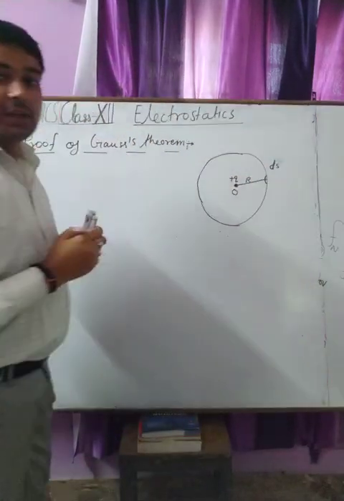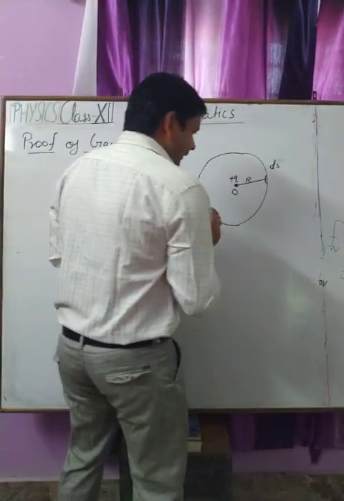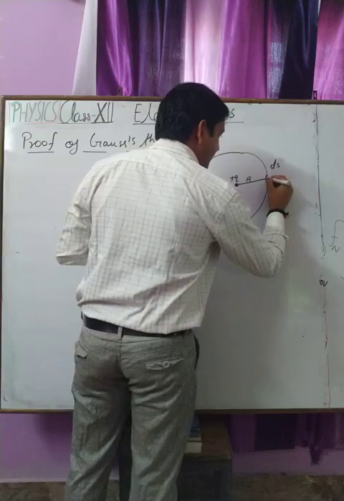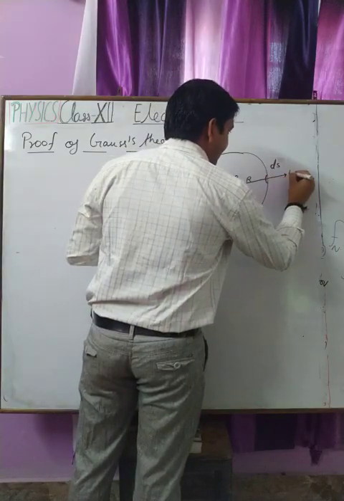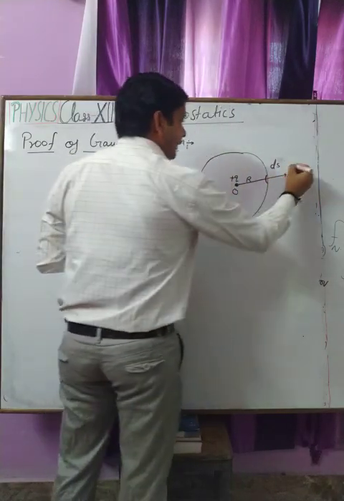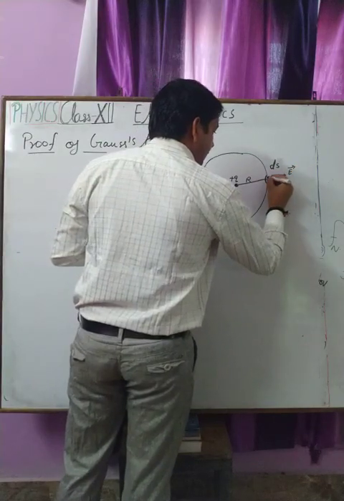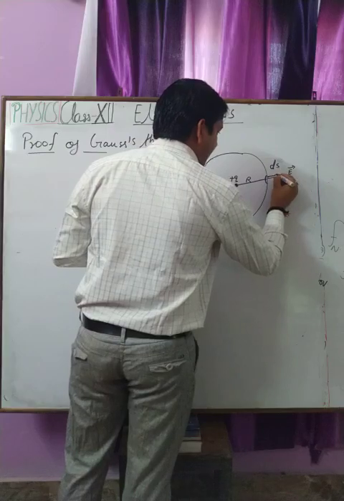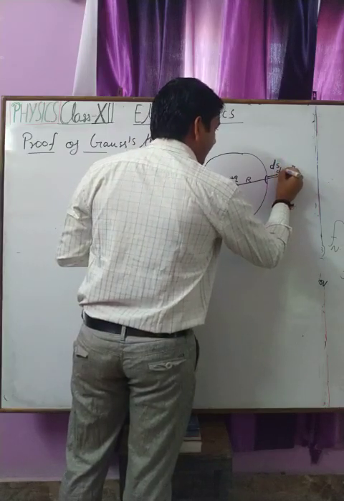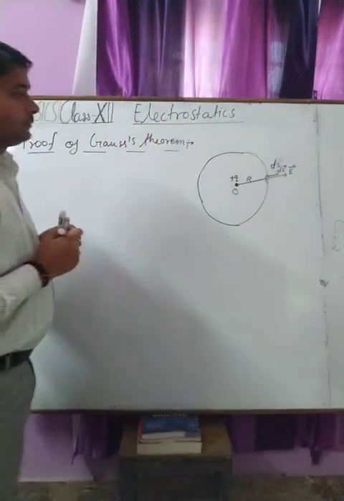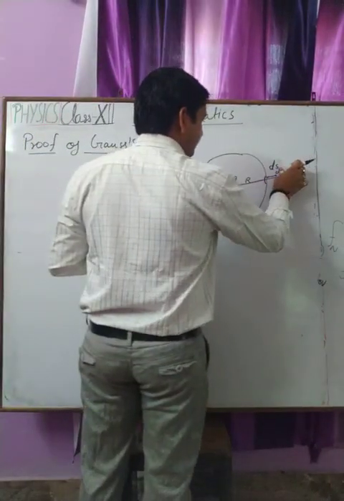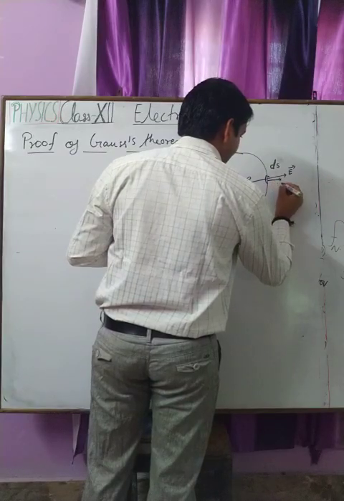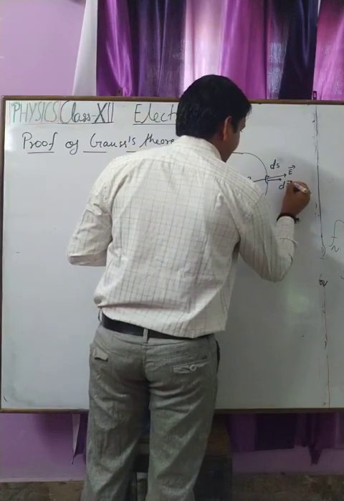Okay, students, the electric field at every point on this surface is radially outward, and similarly the area vector of the element is vector dS.